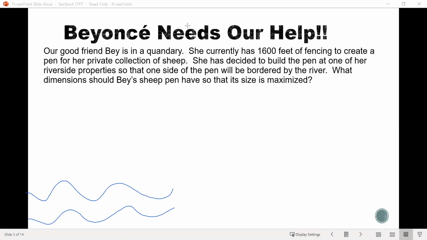So it's going to look something like this. Even though I drew the river kind of wavy, we do want to assume that this fourth side here is a straight line.